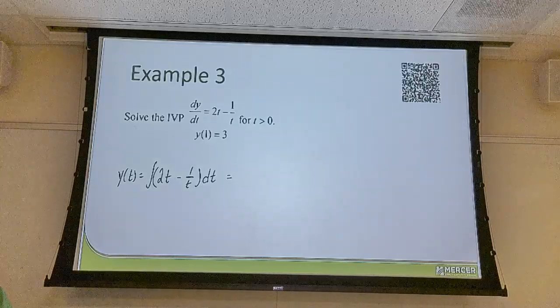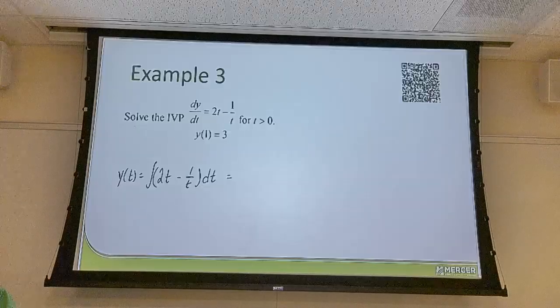What do you get for 2t? What's your antiderivative? t squared. What about for 1 over t?